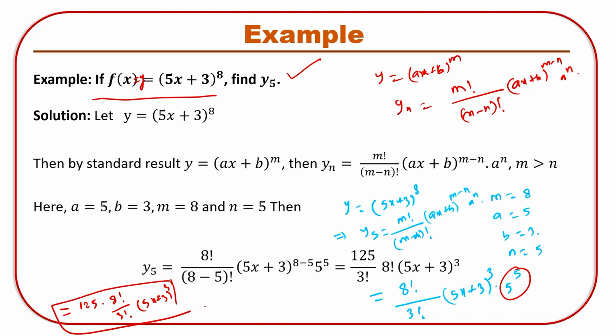You can go through the simplification: 8 times 7 times 6 times 5 times 4 times 3 times 2 times 1 divided by 3 times 2 times 1, into (5x plus 3) whole cube. So 3 2 1 cancels out, and this will be your answer, right? 8 times 7 times 6 times 5 times 4 times 5 power 5 times (5x plus 3) cube.